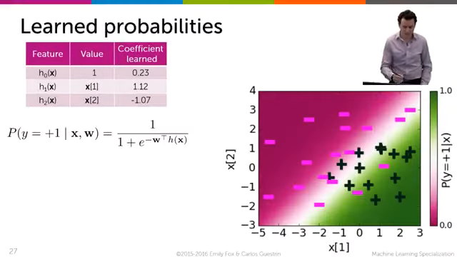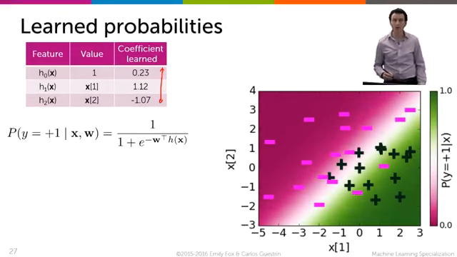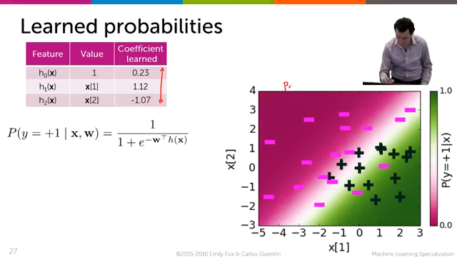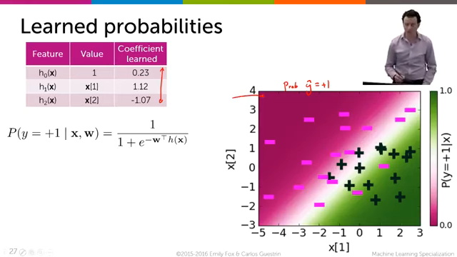This is the same data set and the same learned model from a few slides ago. What I'm plotting here on the right is not just the decision boundary, but the probability that y hat is equal to +1. So it's a probability plot. For all the points over here, the probability is approximately 0.